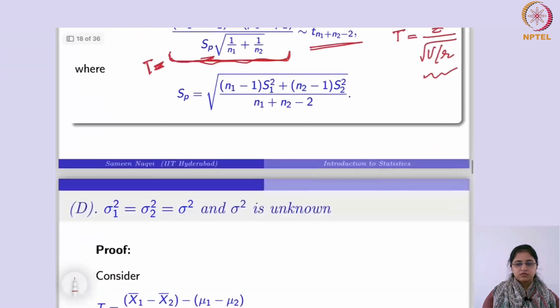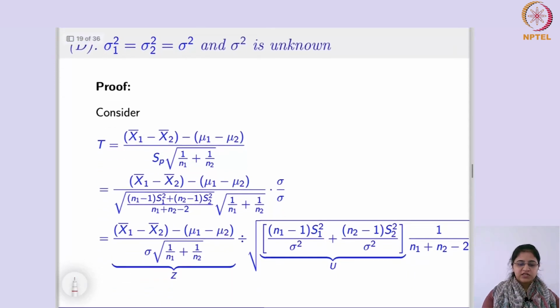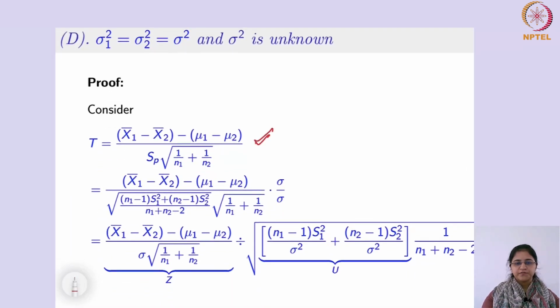In order to prove this, we can see that T is x1 bar minus x2 bar minus mu1 minus mu2, divided by Sp, that is the pooled standard deviation, times the square root of 1 over n1 plus 1 over n2.